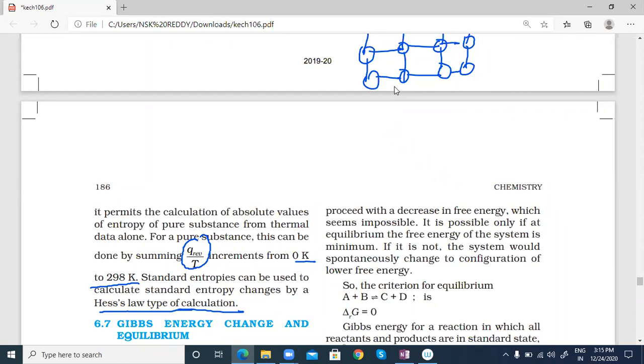Please write that point. By using the third law of thermodynamics, we can calculate standard entropies.